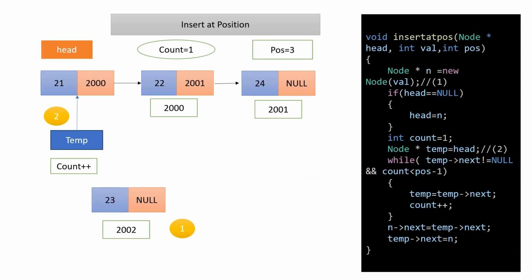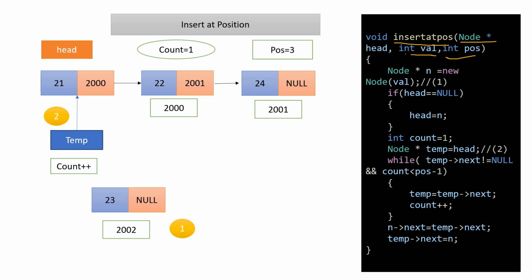First of all, there is code written here so that you can easily identify what is happening. There is an insert at position function, and it takes three arguments. One is the node head, then the value to be inserted as the data of a node, and then the position where the node is to be inserted.